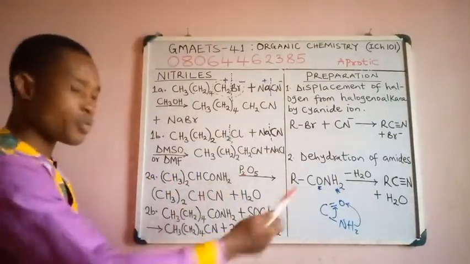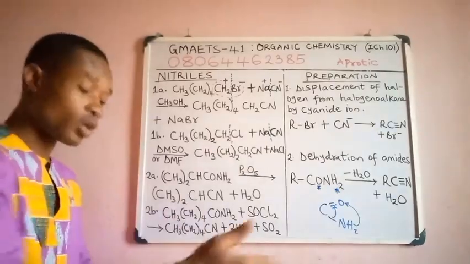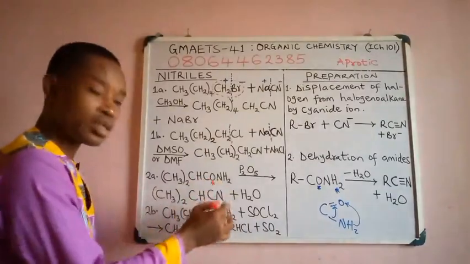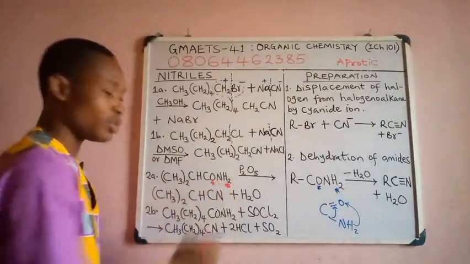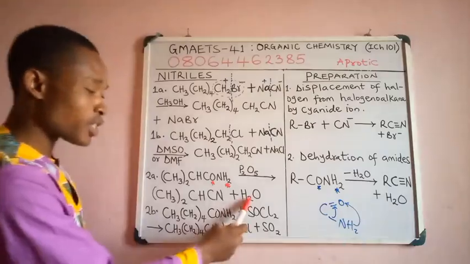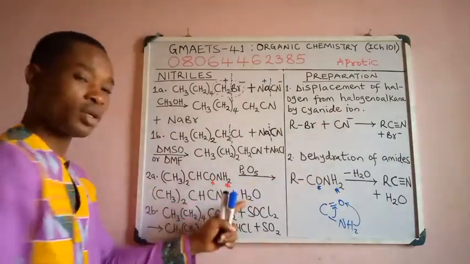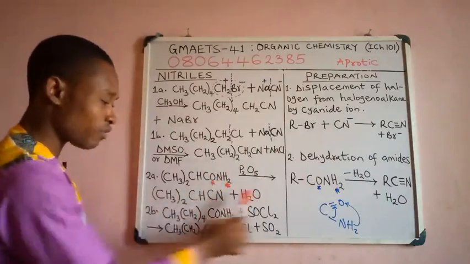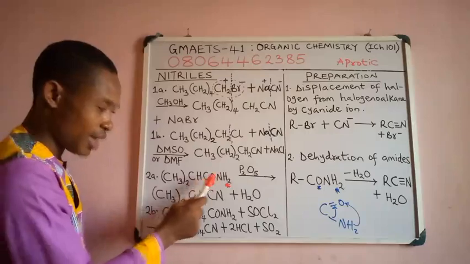Now, during the chemical reaction, remember that you're trying to remove what? A water molecule. So what's going to happen? There will be an extraction of this oxygen together with this hydrogen. They will react to give you water, which is the leaving group. Once this oxygen and H2 go off, you notice that here you'll be left with CN.